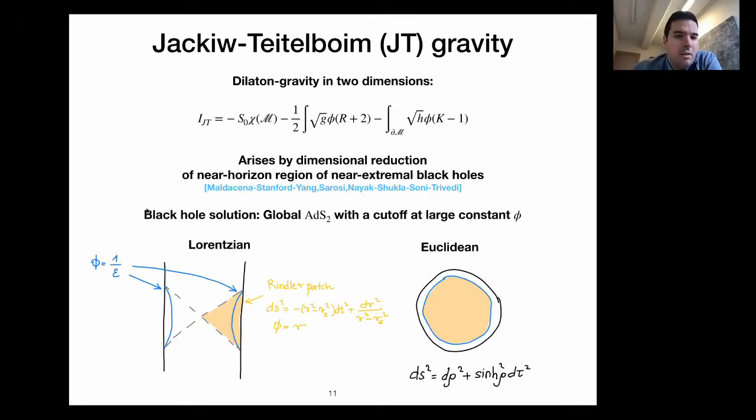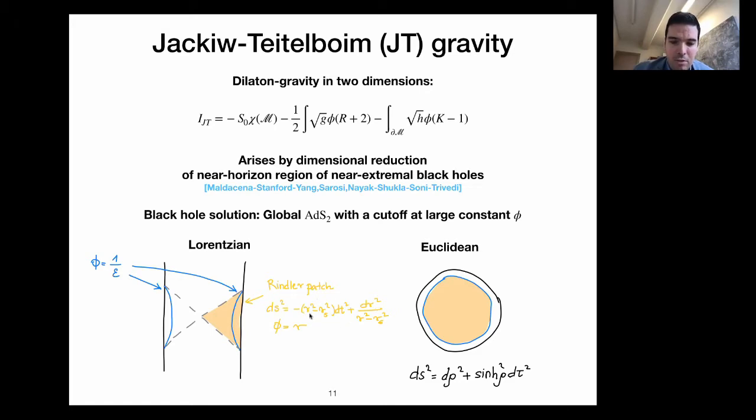Okay, and then the important thing for us is that it has black hole solutions. So what is a black hole in this theory? It's basically global AdS2. And why is it a black hole? Because we put a cutoff at a large constant value of the dilaton. So how does this look in Lorentzian? This is a particular solution of this theory in Lorentzian.